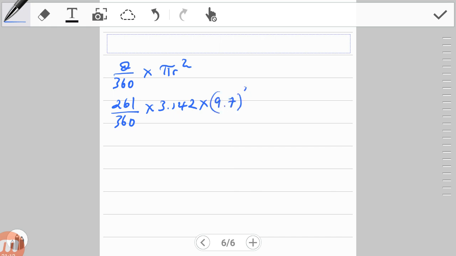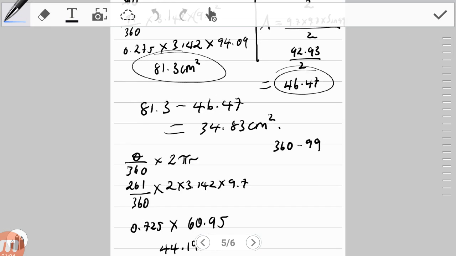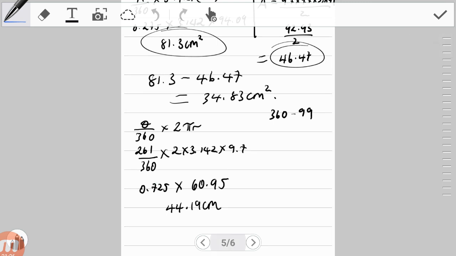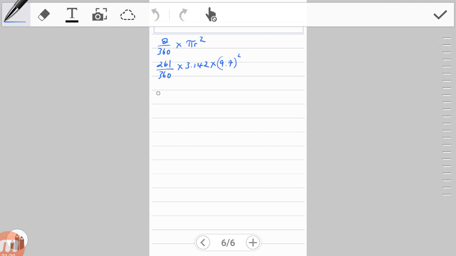Now what I like about this is that I don't have to use up a lot of my calculator, because I would have already known from the previous calculation that 261 divided by 360 works out to be 0.725. But if you want to do it one more time, no problem. So that's 0.725.